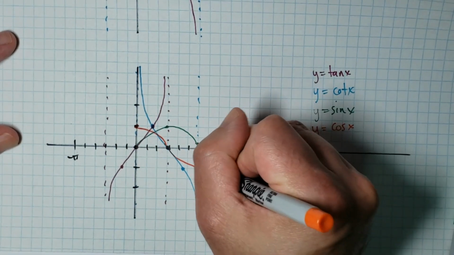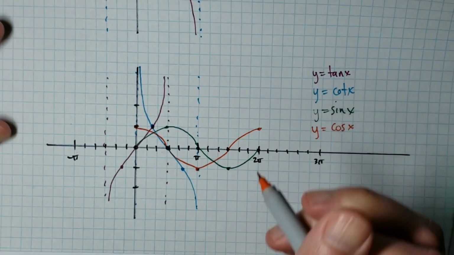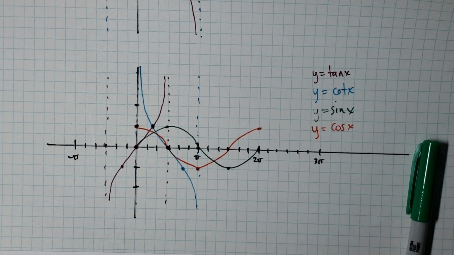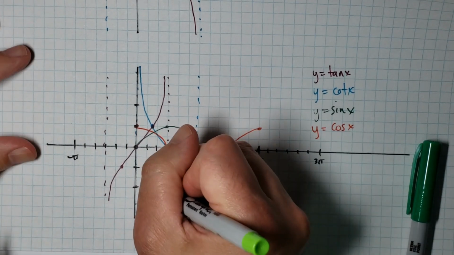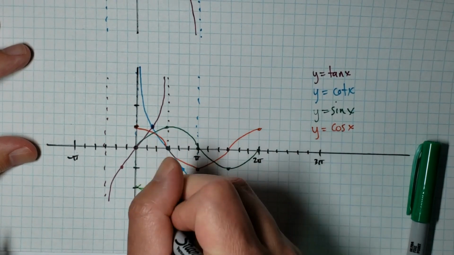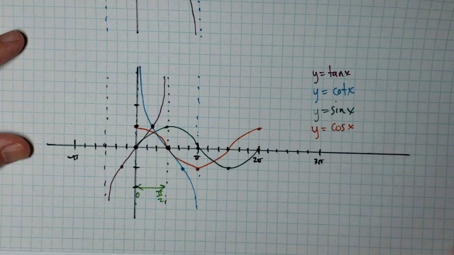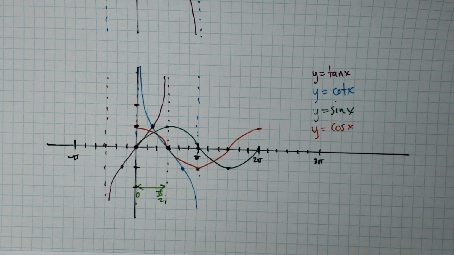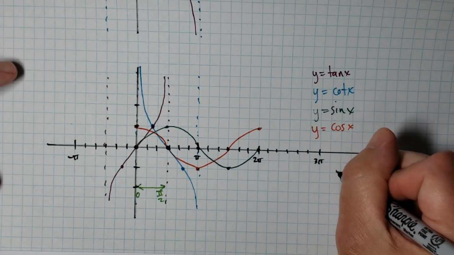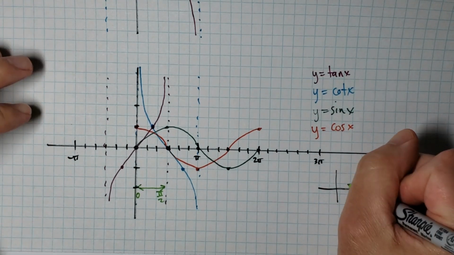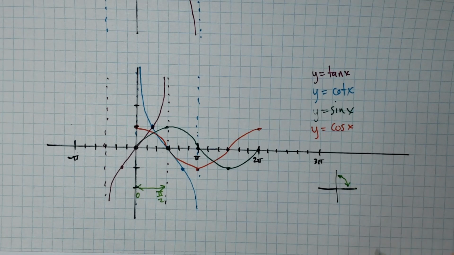And this looks like a jumbled mess, but there's something I want to show you guys. If you look in this region from here to here, this is from 0 to pi over 2. That corresponds to, in the unit circle, these angles, the first quadrant.